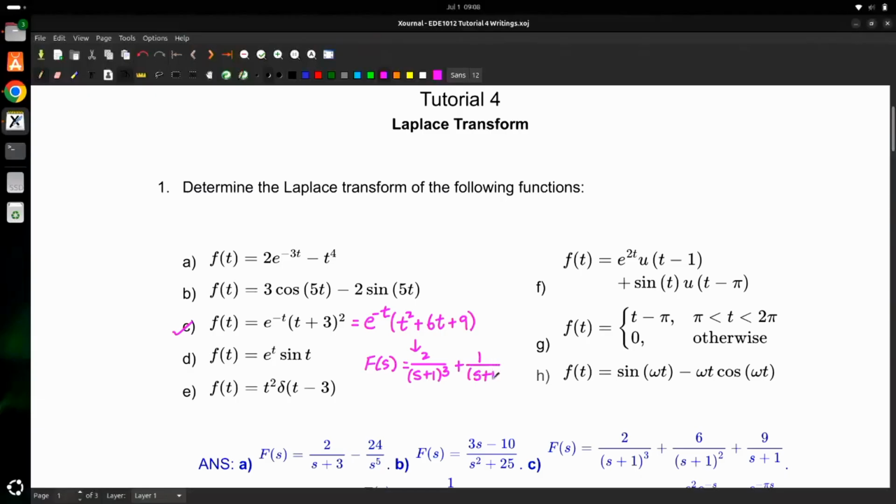Everything has to shift, because everything is multiplied by the exponential function. Then the final one will be 9 over s plus 1. So you just manipulate the f of t function into something that is recognizable on the left-hand side of the Laplace transform table. Then subsequently, you can just apply accordingly. Oh, sorry, there should be a 6, because I multiply by 6.